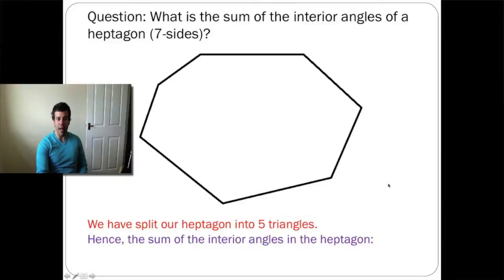We have split up our heptagon into 5 triangles. So the sum of the interior angles of the heptagon is simply 5 triangles times 180 degrees for each. What is 5 times 180?